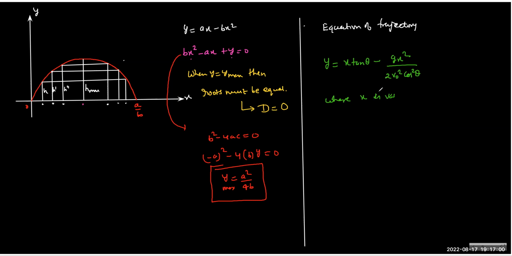So here it is only x which is variable. The theta and the velocity, everything, g, everything is constant. So x is variable.